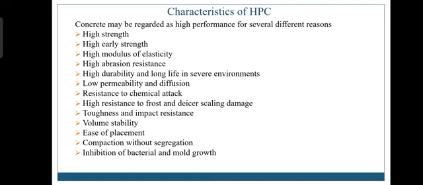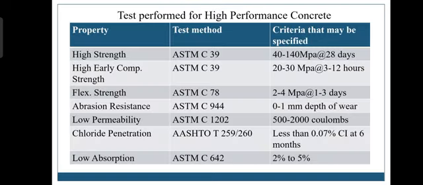Let's see what types of tests are performed for high performance concrete. Here I have given the properties of HPC with their testing methods and the criteria that are followed during testing.